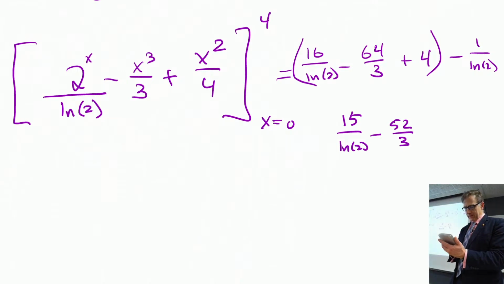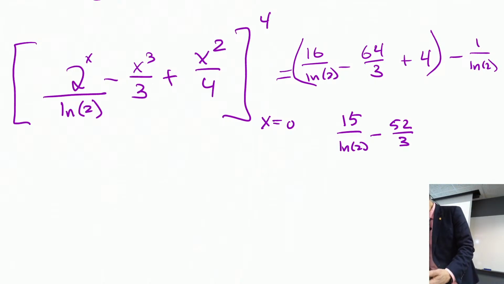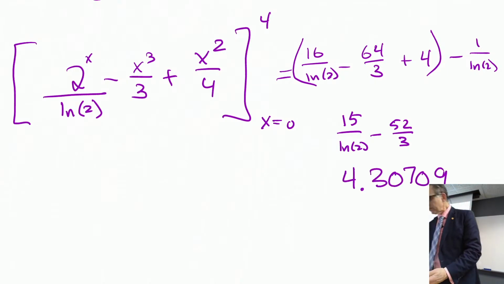But let's get a decimal equivalent, so we get a feel for how close we are. 15 over the natural log of 2, and we're going to subtract off 52 divided by 3, and I got 4.30709. Good enough.